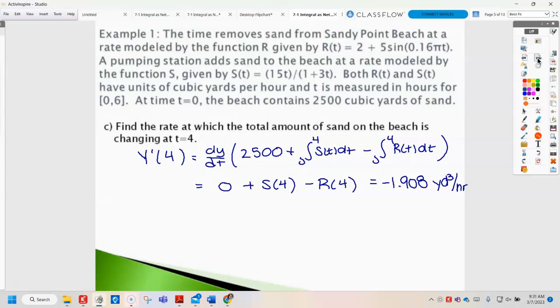The last one, if you look at that, any guesses on what we need to do for the last one? It's very similar to other ones we did in the past. Yes. So in this case, you would set the derivative of y equals 0.